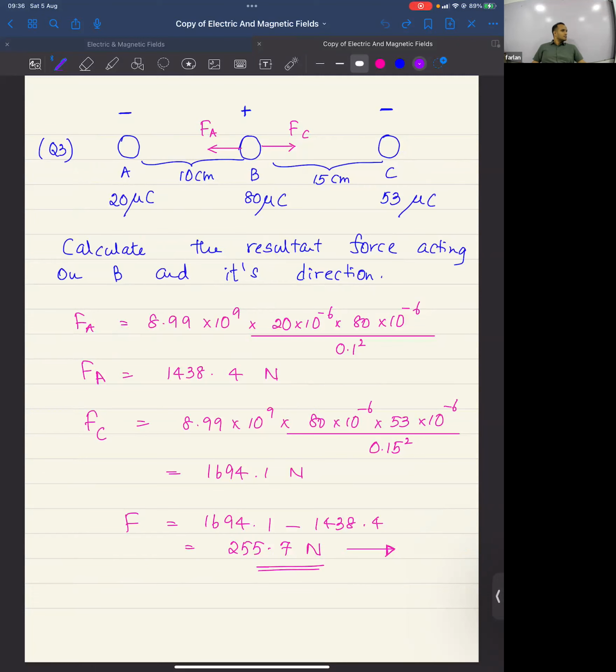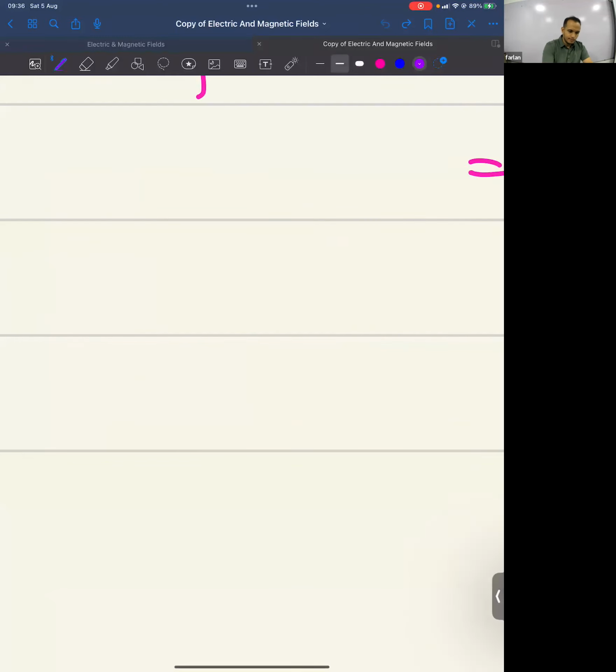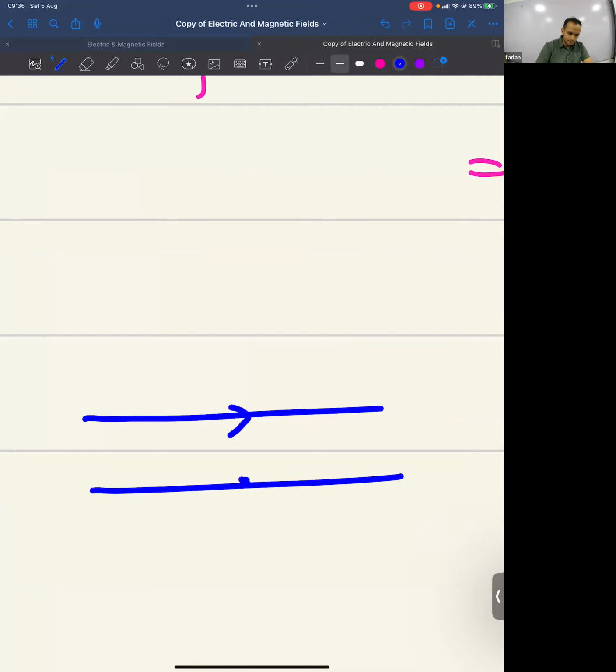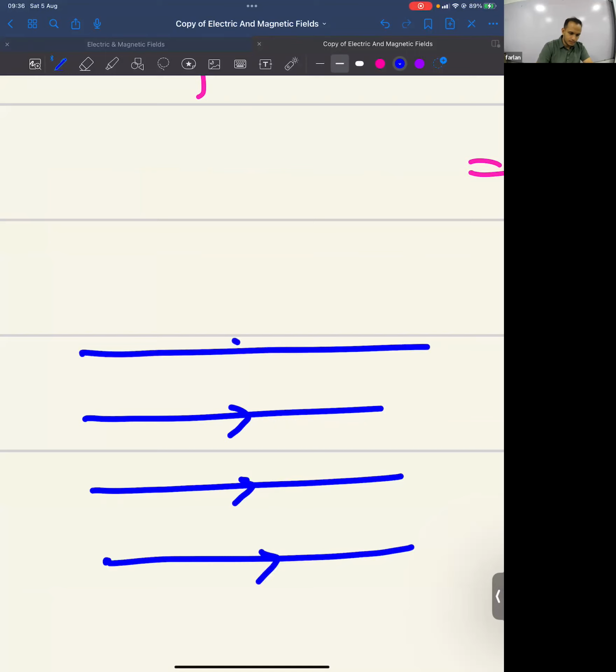The force acting per unit positive charge. Now, in an electric field, let's say for example, the electric field is this way, in this direction.